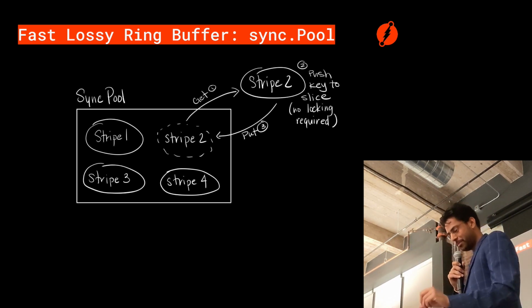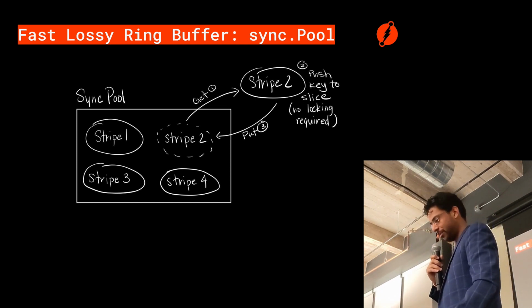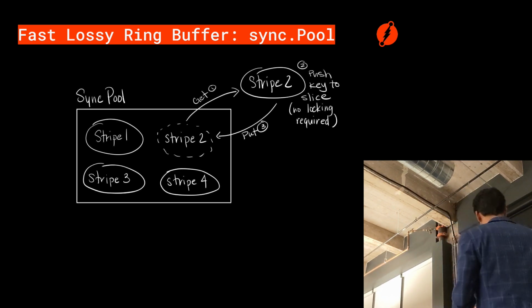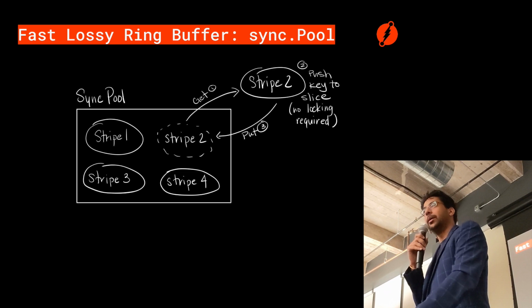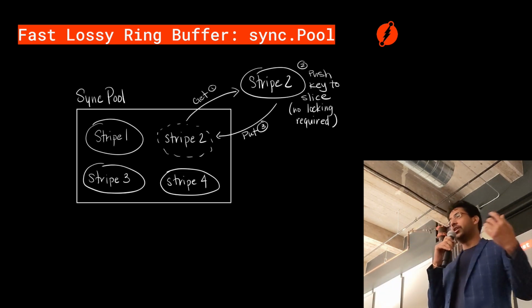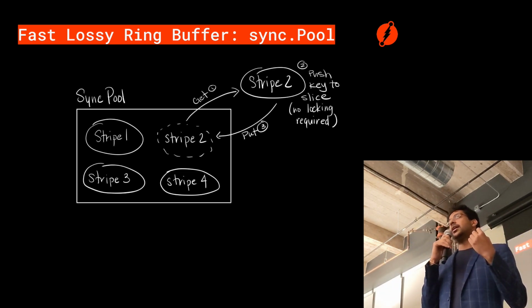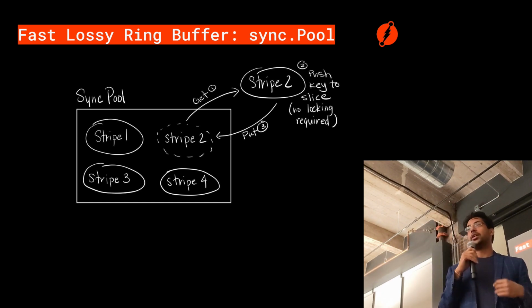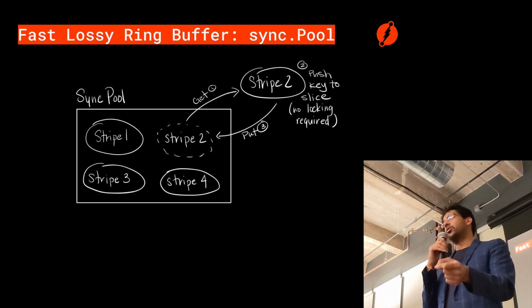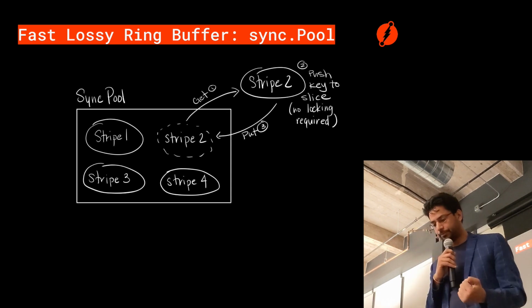Sync.Pool automatically maintains many buffer stripes, and so what we're doing is you can hand the user one of them on a get. After receiving one, the user knows that it is the only owner, the only thing which has access to this buffer or stripe. So the key can be pushed into it without acquiring any further locks.